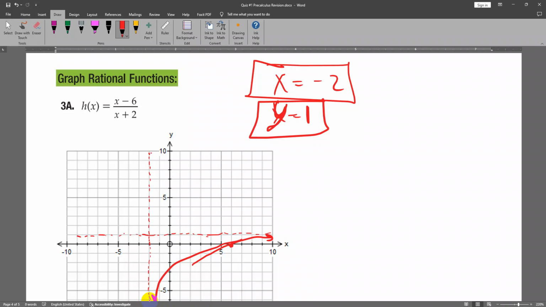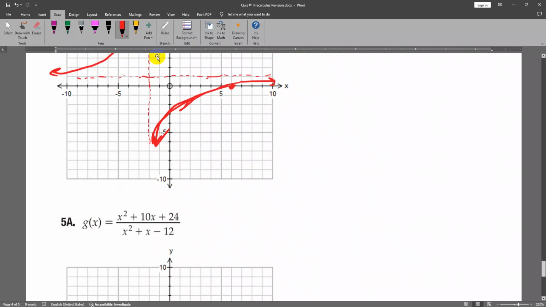It will be close to our asymptotes. You can draw it approximately like this and like this. This is your rational function. And of course, you can be sure by plugging in some values for an accurate drawing.